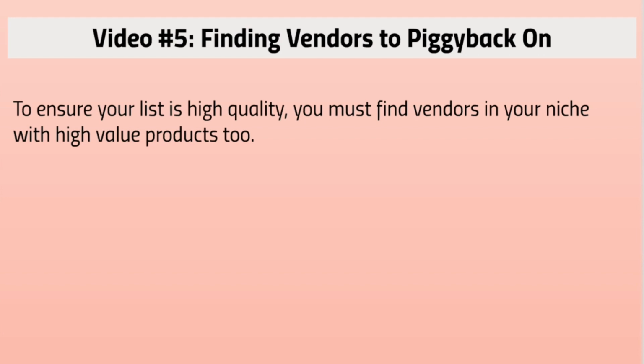And that doesn't always mean the case, but typically, if you look at certain vendors, you'll notice that they attract a certain type of person. So you want to make sure that you attract the customer that can resonate with them, but also resonate with you. If they're the type of person that is looking for high quality material and they're willing to pay for high quality material, that's the type of person that you want on your list.